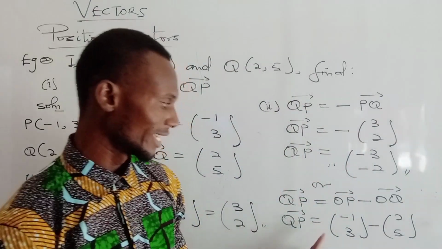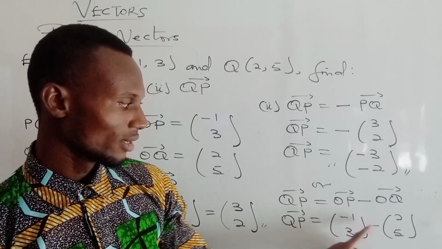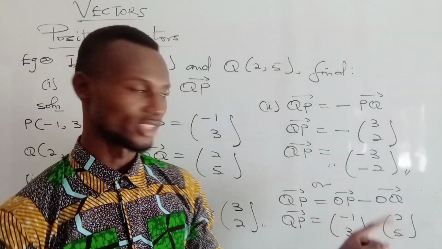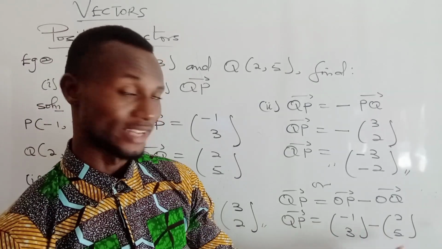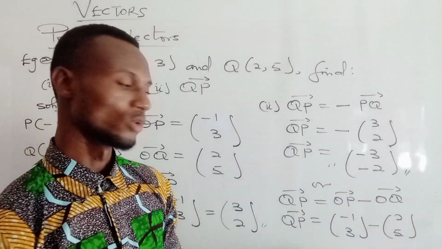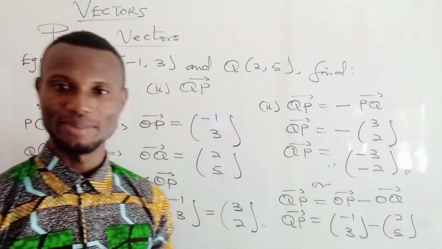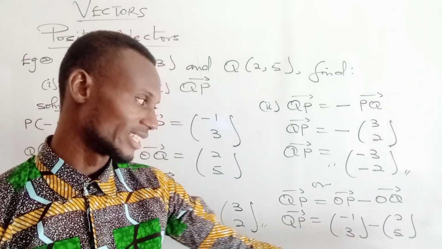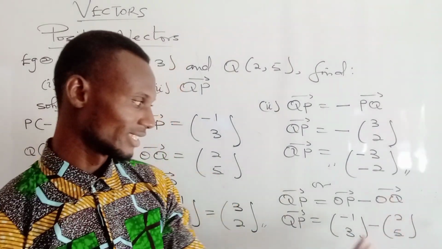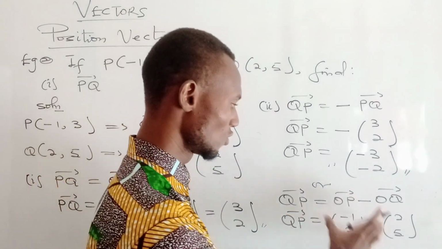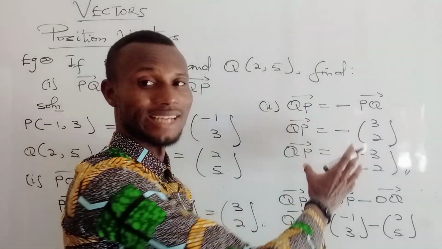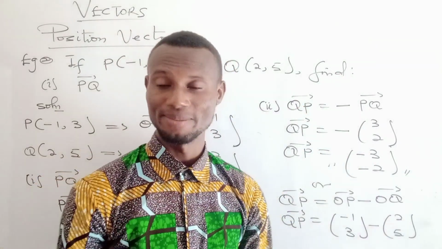Minus 1 minus 2 gives minus 3, so you can see we have minus 3 here. And 3 minus 5 gives minus 2. I don't have enough space there, that's why I've left it, but you can see that when we do the subtraction, we are getting the same thing. So either you go by this approach or this approach, you get the same answer.